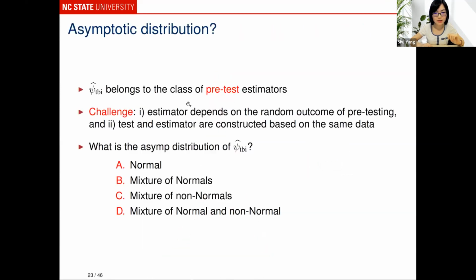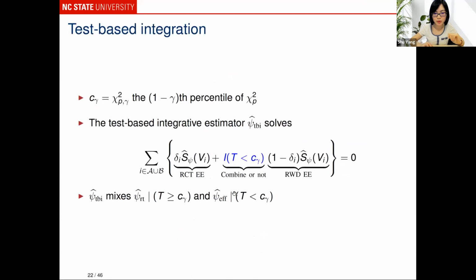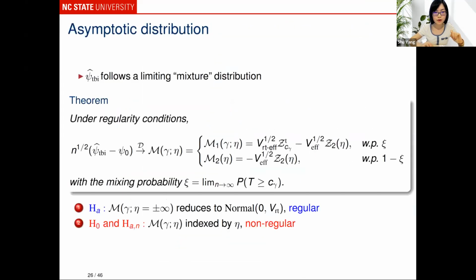We can show that, in fact, this component follows an asymptotically normal distribution, while this follows an asymptotic mixture distribution, which itself mixes a truncated normal and a normal distribution. So formally, we can show that the TBI estimator follows a limiting mixture distribution.